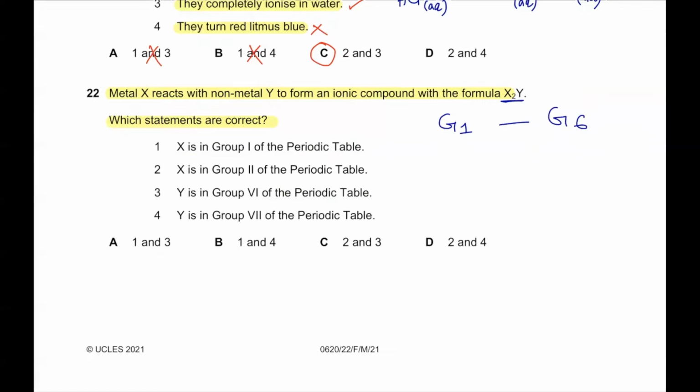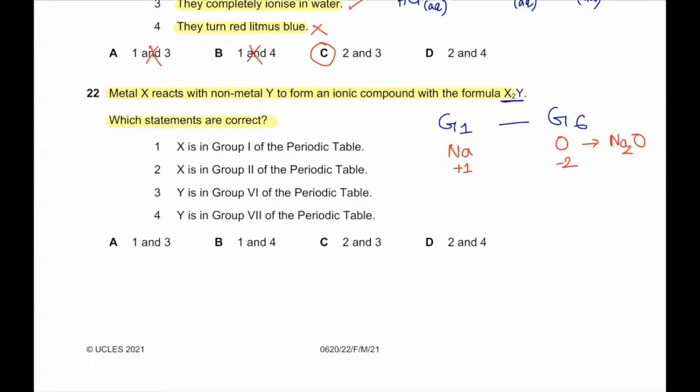A metal of group 1 would be sodium and a non-metal of group 6 would be oxygen. Sodium would have oxidation state of +1, and oxygen would take 2 electrons and be oxidation state of -2. When they swap their oxidation state, it's going to be Na2O.